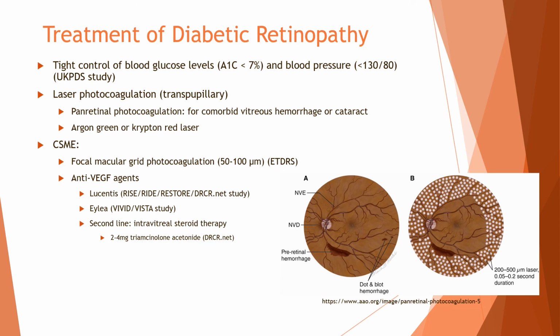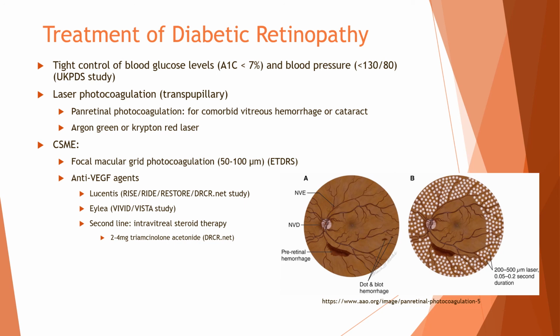And this also has direct benefits to the retina as well. Transpupillary laser photocoagulation, whether by argon green or krypton red laser, in a panretinal fashion can prevent future retinal detachments or progression of neovascularization.